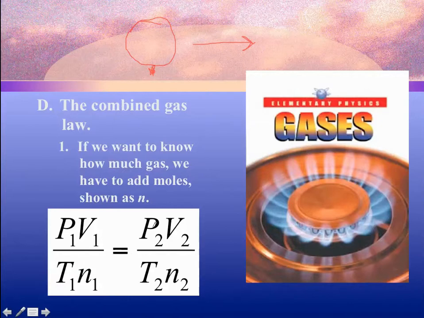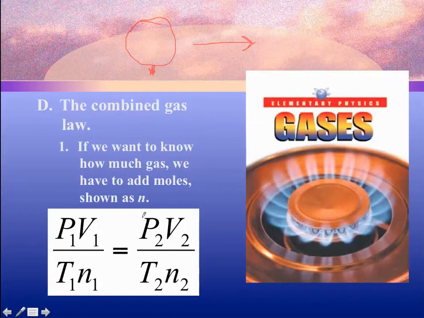So this is the pressure, volume, temperature, moles of 1. And if we change anything on here, say, what happens to the pressure when we change the temperature? Well, we know the pressure of 1, we know the temperature of 1. If we increase the temperature, how does the pressure change?